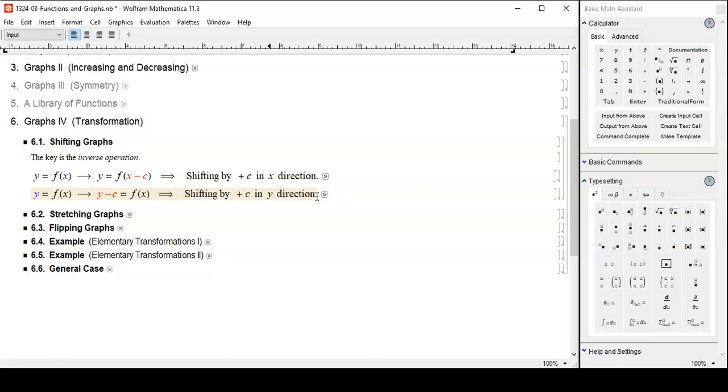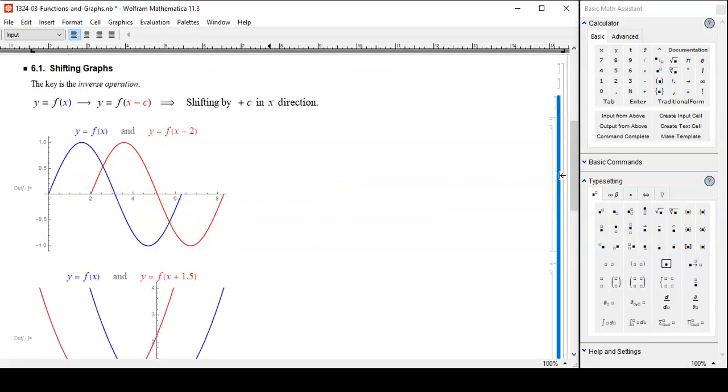So if you want plus c, go backward, minus c. In that particular direction, plus c in x direction, x minus c. Plus c in y direction, y minus c. Inverse operation.